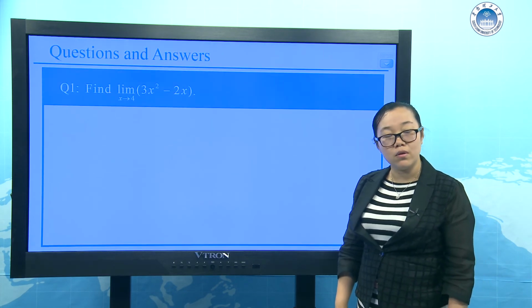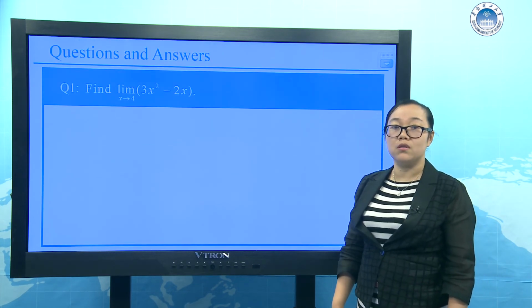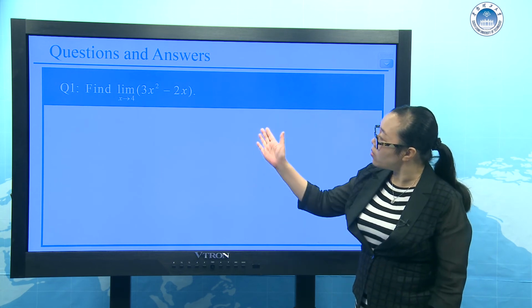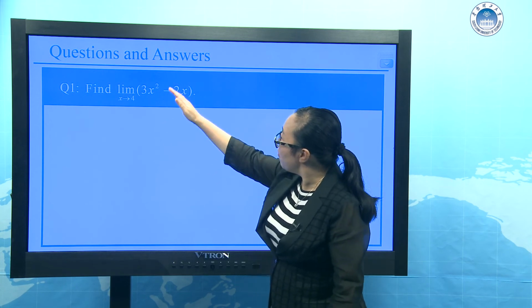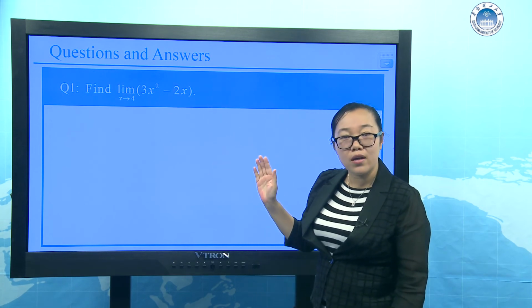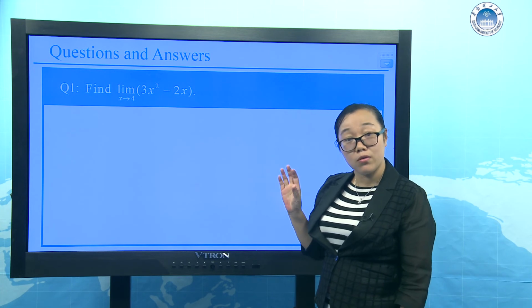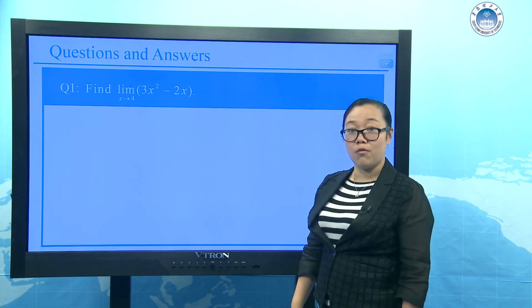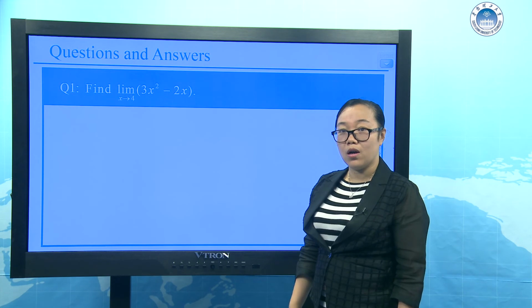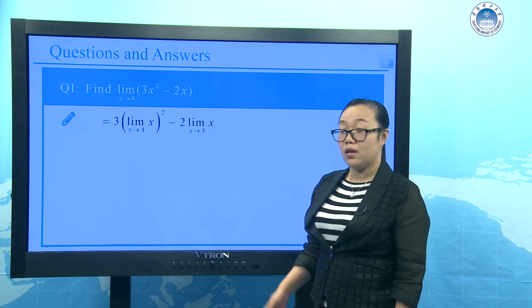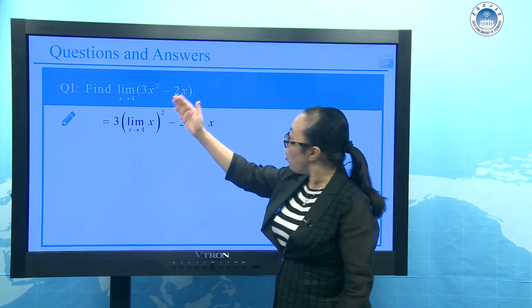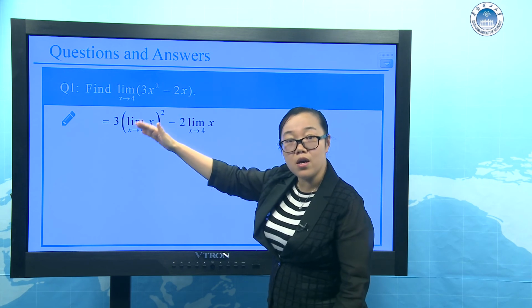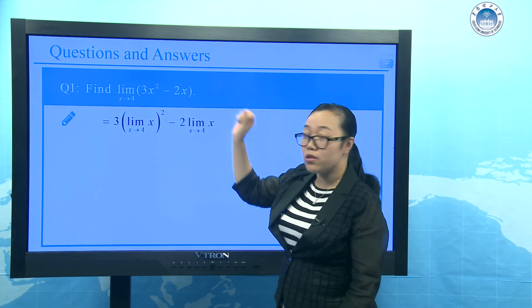So now, according to our summary, we try to finish the questions. Look at question 1. Find the limit as x tends to 4 of 3x squared minus 2x. How to do? Do you remember example 1? In a similar way, according to the main theorem process, we can get the first step: 3 is a constant we can take out, times the limit of x squared.